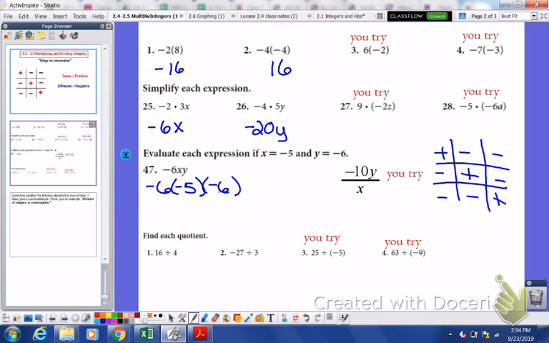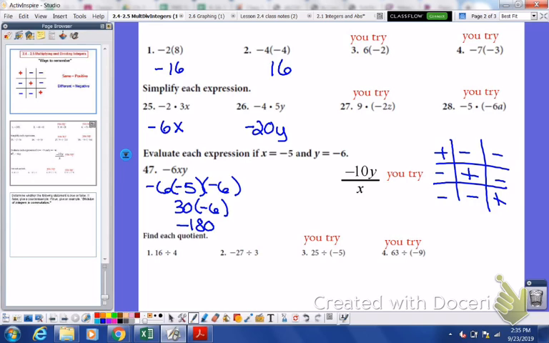So we take this step by step. Negative 6 times a negative 5, two negatives make a positive. 6 times 5 is 30. So 30 times negative 6, one positive, one negative makes a negative 180. Again, you're going to try that one later.